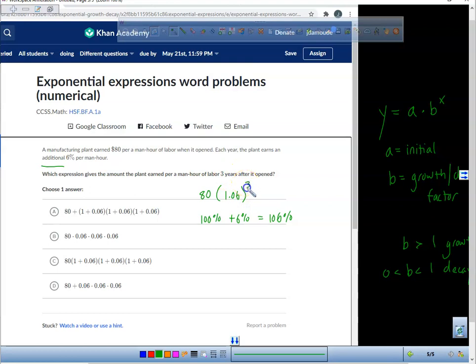I could raise that to the power of 3. So which one models this? 1.06 three times being multiplied together, and there's my initial value. So it's going to be answer choice C. I could rewrite this as 80 times 1.06 raised to the power of 3. Just remember, 106% as a decimal is 1.06. All you have to do is just divide it by 100%, and that gives you the decimal.